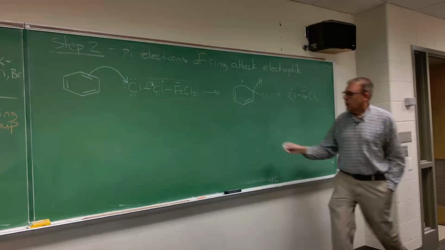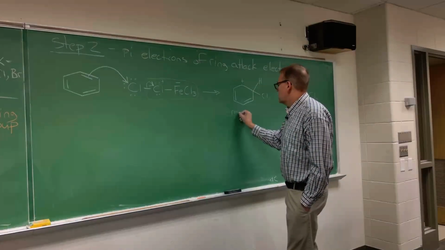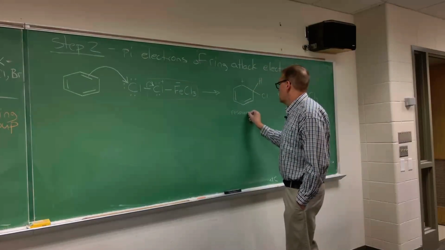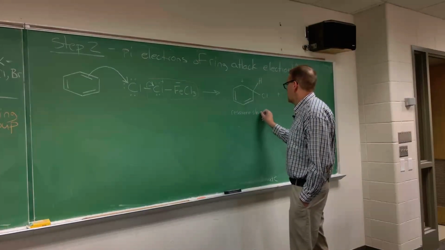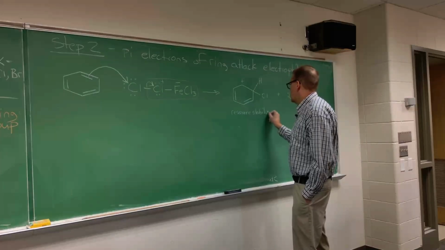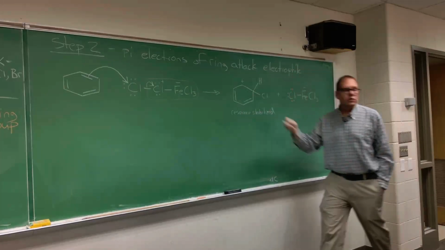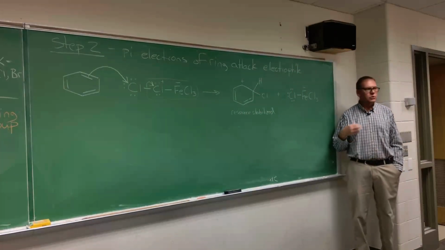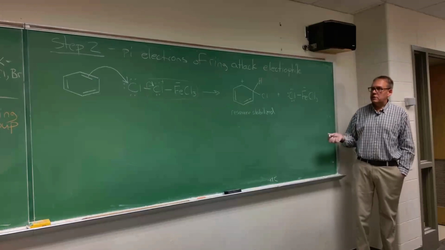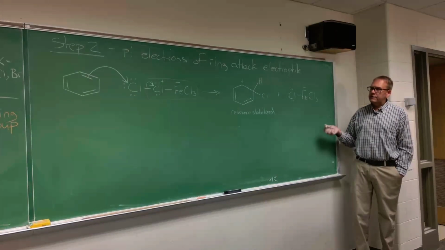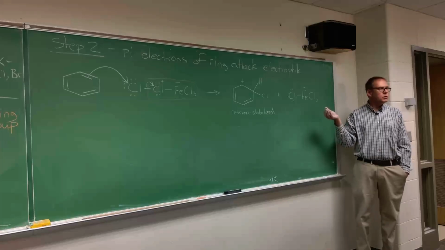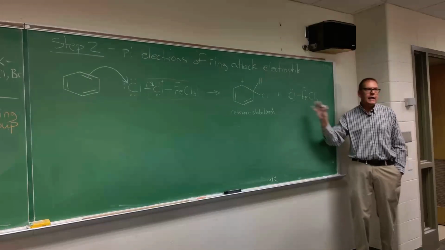It's resonance stabilized. I could draw 2 additional resonance structures of that molecule to show how it's more stable than a typical carbocation. But that's this step 2. That's how the electrophile gets attached to the ring.